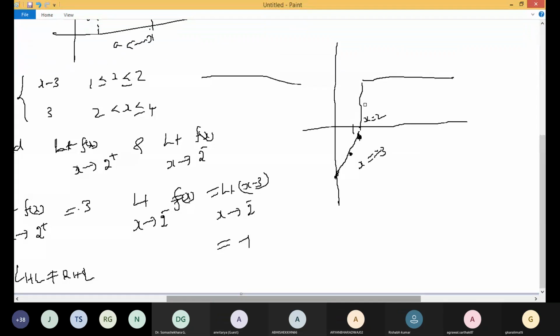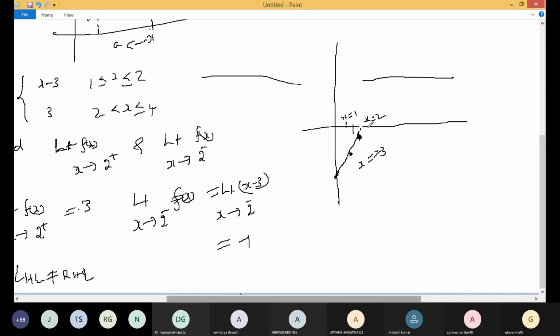Here a break is there. This point I can say x is equal to 1. When x approaches from the left hand side, it is approaching from this side.